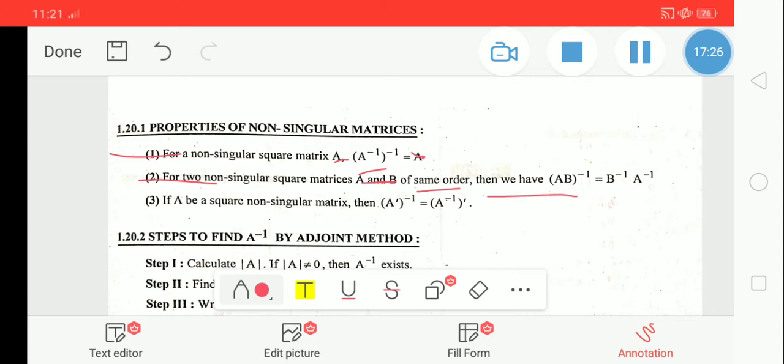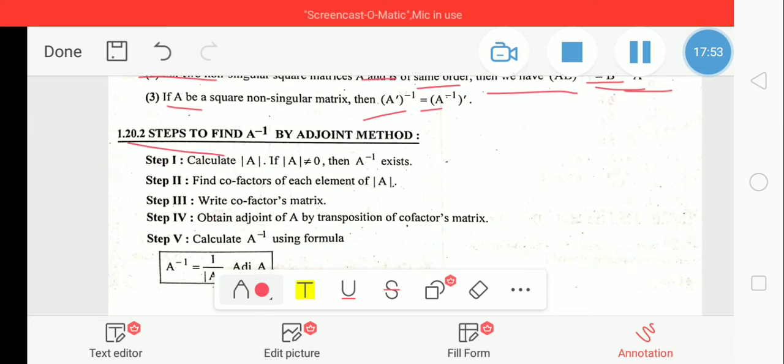Then we have AB inverse, means AB raised to minus 1, which gives B inverse multiplied by A inverse. B is a square non-singular matrix. Then A dash means A transpose, so the inverse of the transpose gives the transpose of the inverse, A inverse dash.